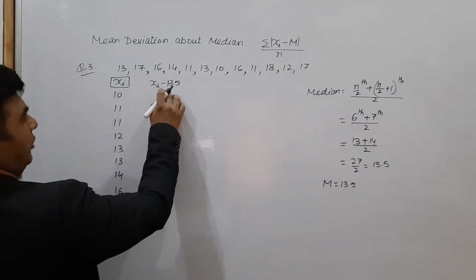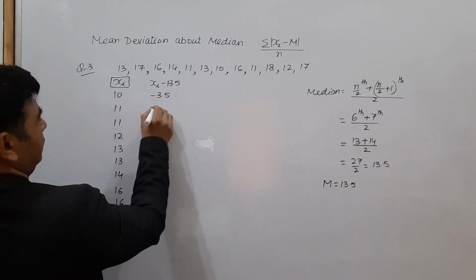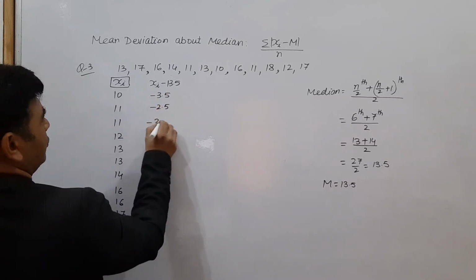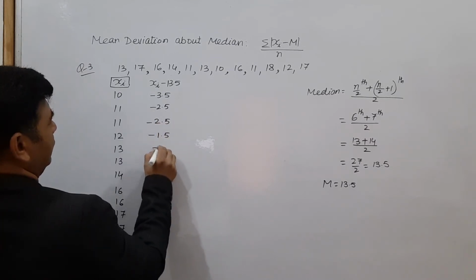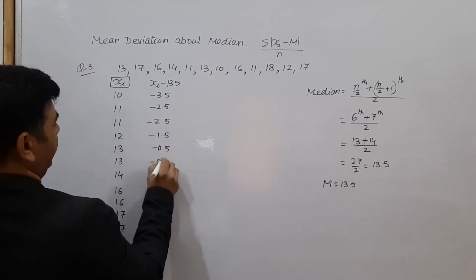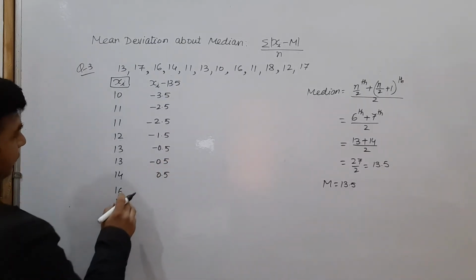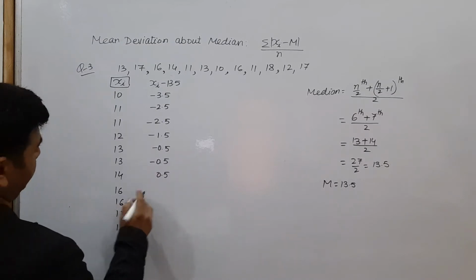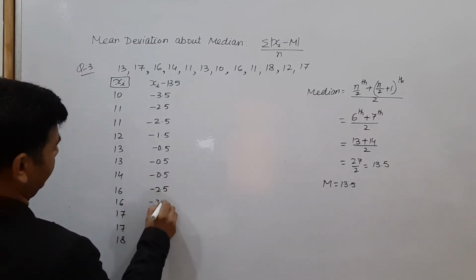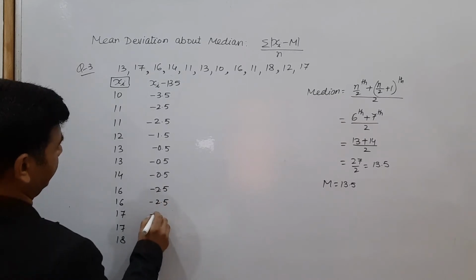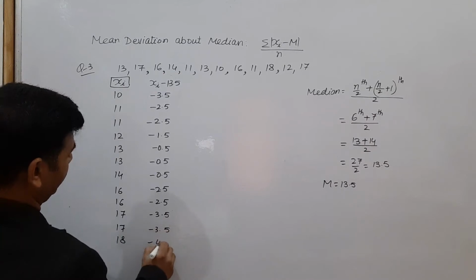So now 10 minus 13.5 is minus 3.5. Then minus 2.5, minus 2.5, minus 1.5, minus 0.5, minus 0.5, then 0.5, then 2.5, 2.5, 3.5, 3.5 and this is 4.5.